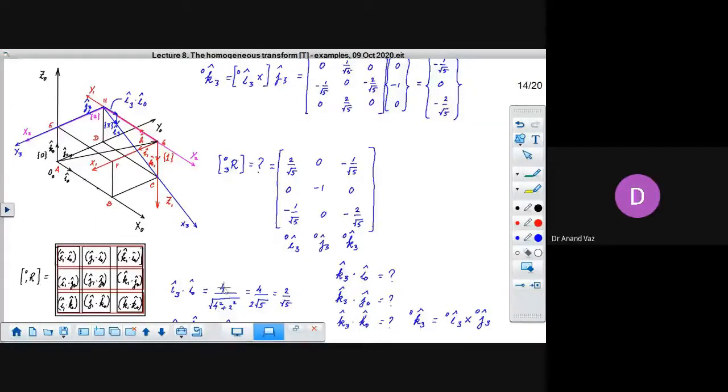These transformations are useful because if we know the position vector of a point in one frame, and we know the position and orientation of that frame with respect to another frame, then we can determine the position vector of that point with respect to the other frame. Just multiply by this transform and you will get the position vector in that other frame. Yes, sir.